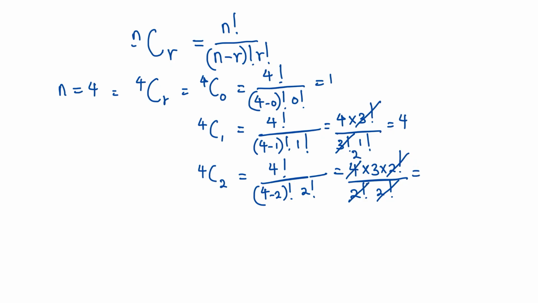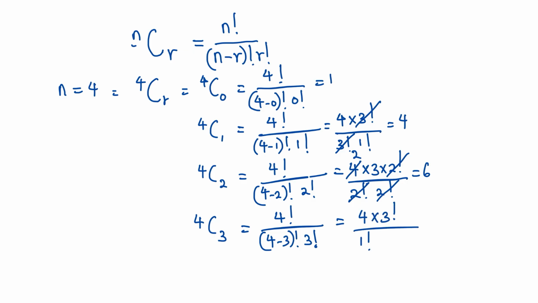And what you have is 2 times 3, which is 6. 4 combination 3 gives 4 factorial divided by 4 minus 3 factorial times 3 factorial, which is 4 times 3 factorial divided by 1 factorial times 3 factorial. 3 and 3 will cancel, and the result is 4.